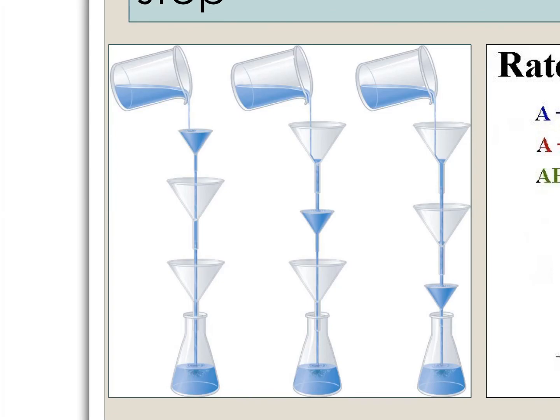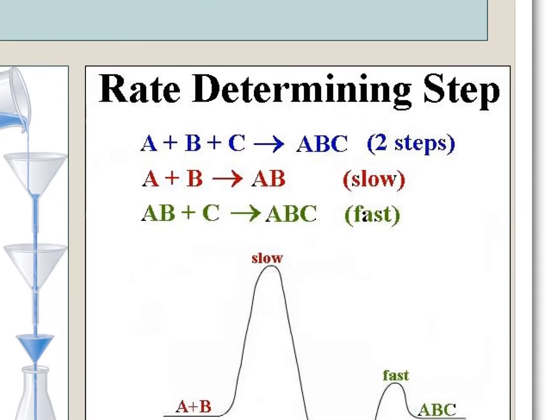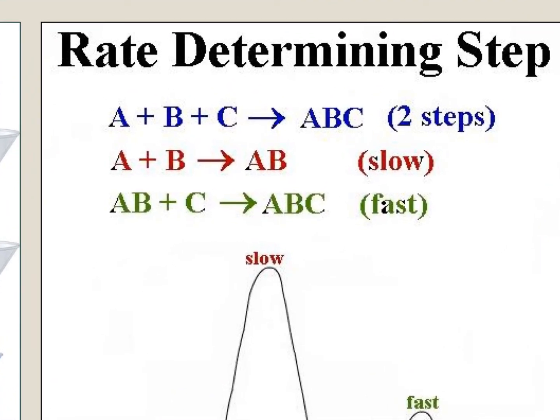All right? So I've been talking about this A plus B plus C makes ABC. Remember, this is just any three molecules combining. That would make one large molecule. Instead of this occurring, because the likelihood of this is very small, we're going to hypothesize that it occurs in two steps. First, A hits B to create AB.